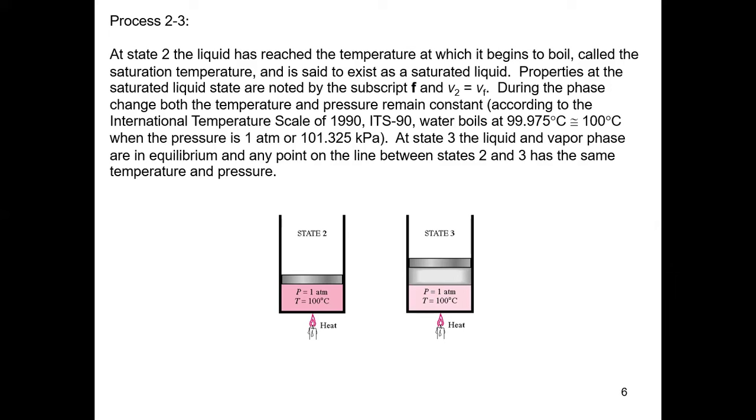According to the International Temperature Scale of 1990, ITS-90, water boils at 99.975 degrees Celsius, which for all practical purposes is 100 degrees Celsius when the pressure is 1 atmosphere or 101.325 kilopascals. At state 3, the liquid and vapor phases are in equilibrium, and any point on the line between states 2 and 3 has the same temperature and pressure.